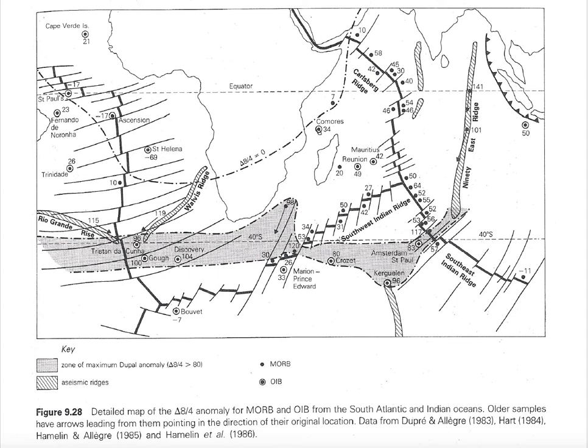So, and within our zone of maxima of our geochemical anomaly, we have then a lot of ocean island basalts inside, yeah?